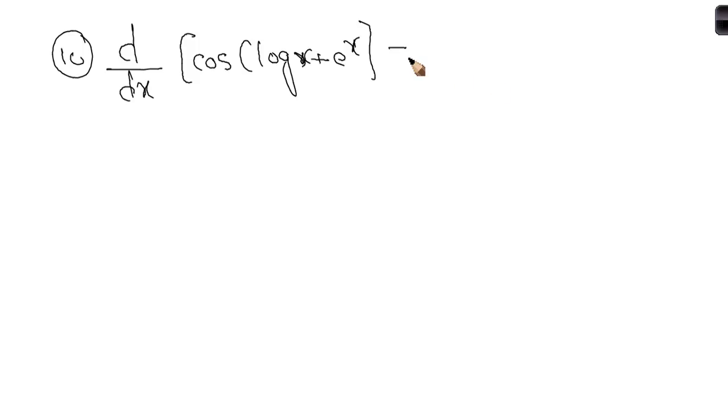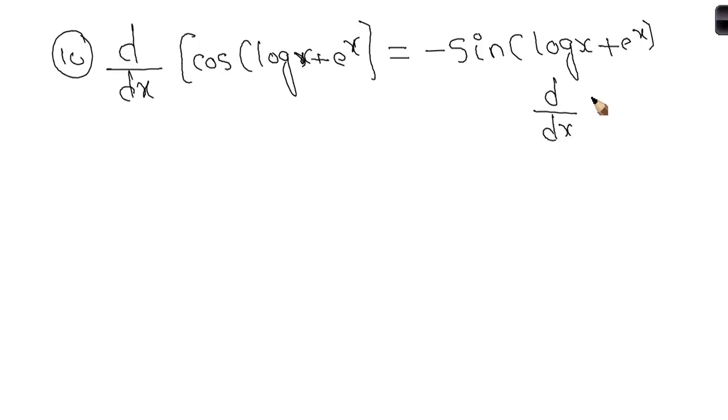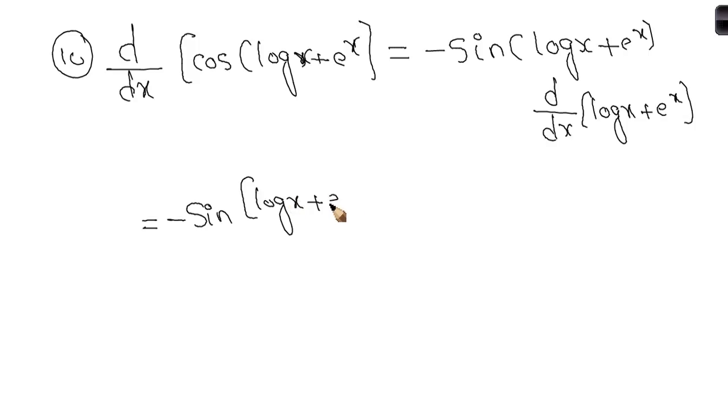This would be same as, what is the derivative of cos x? Minus sin x. So this should become minus sin of log x plus e power x, the first step, into the derivative of log x plus e power x. This becomes minus sin of log x plus e power x into the derivative of log x plus the derivative of e power x.